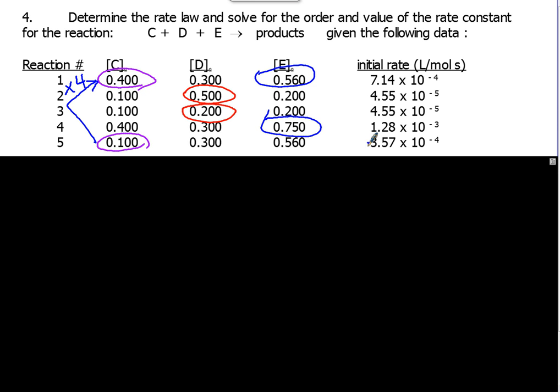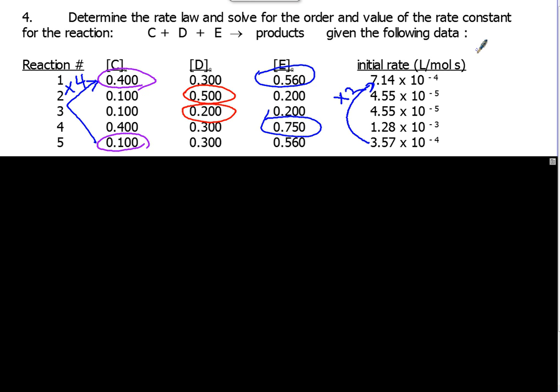So how many times greater is rate 1 when compared to rate 5? No, you're right, it's 2. It's 2 times greater. The speed is double. But the concentration is 4 times greater, isn't it? So that's going to be hard to work out.